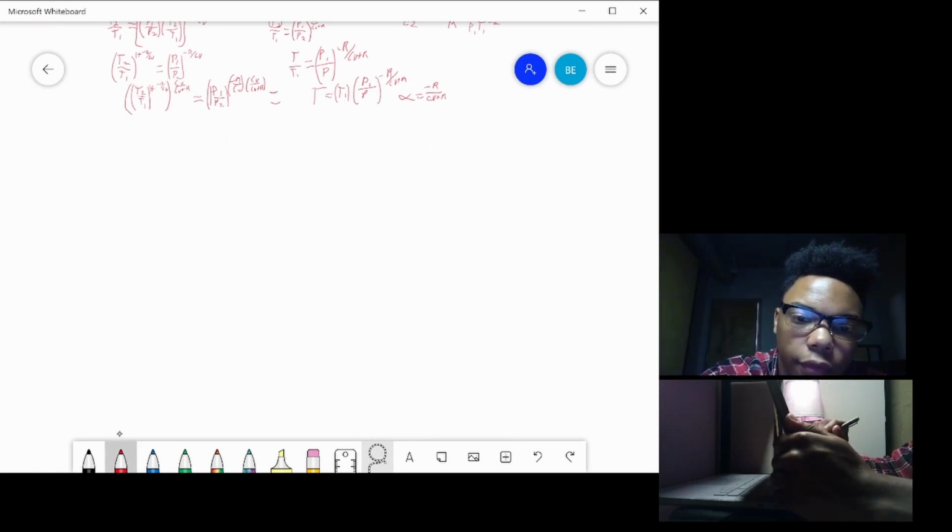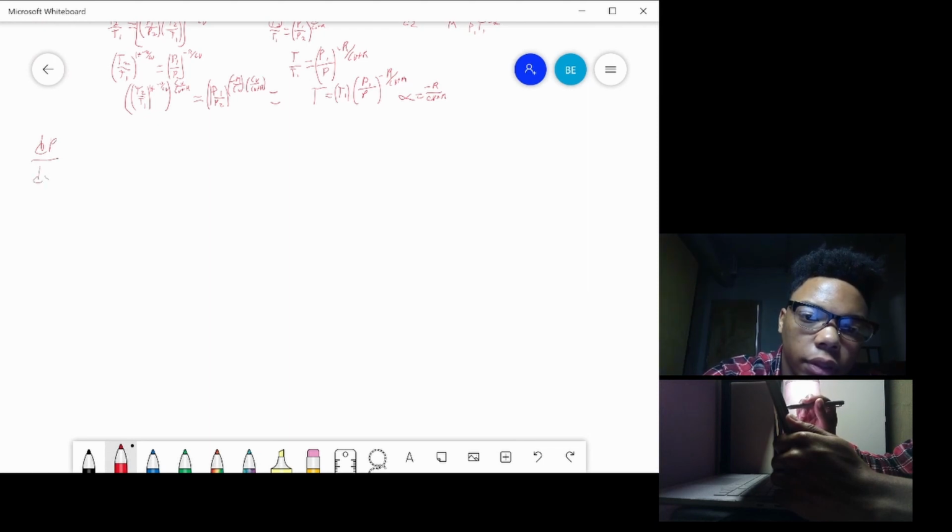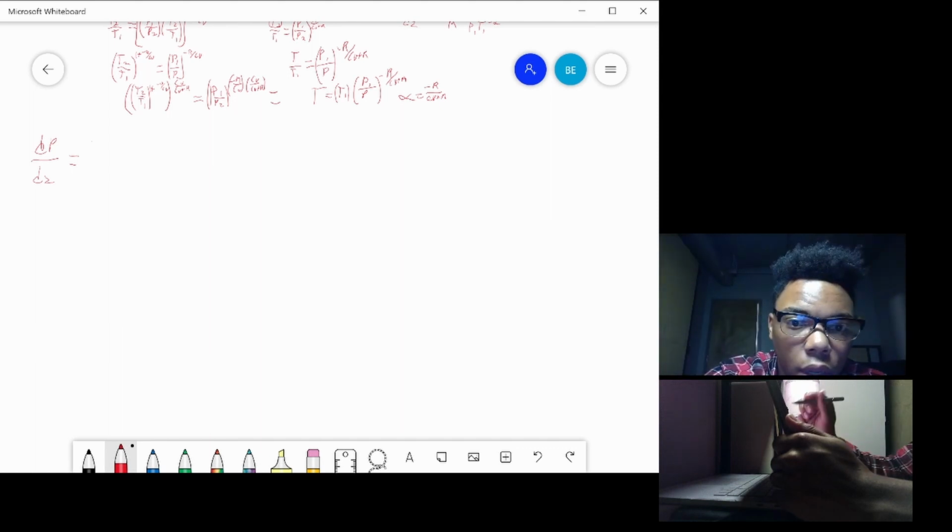We're going to have dP over dz equal to a negative P of 1 plus alpha times molecular weight times g over R times T1 negative alpha times P1.